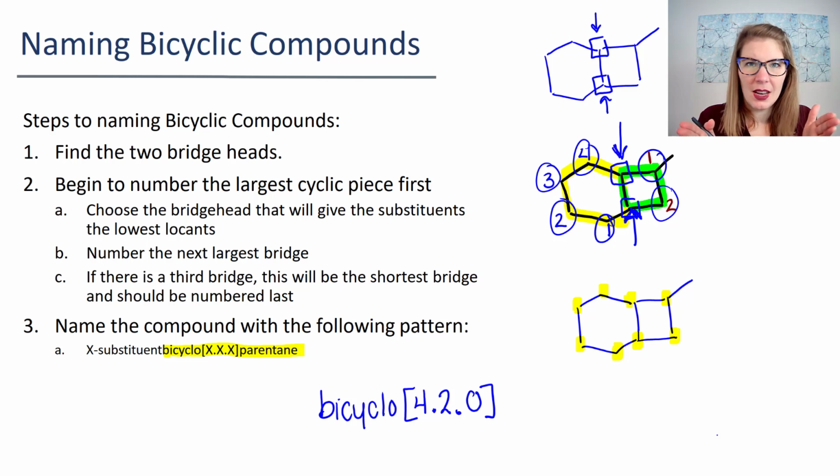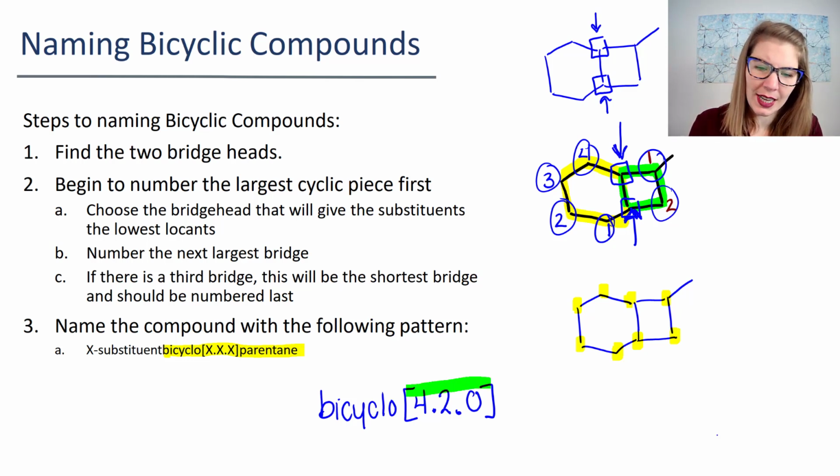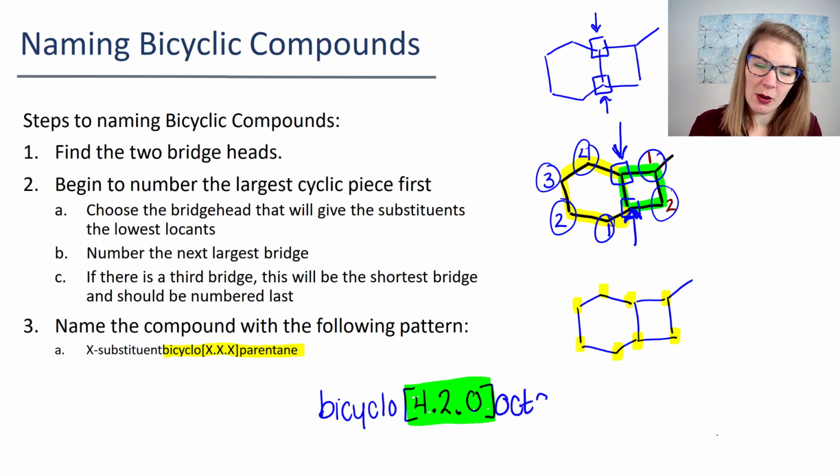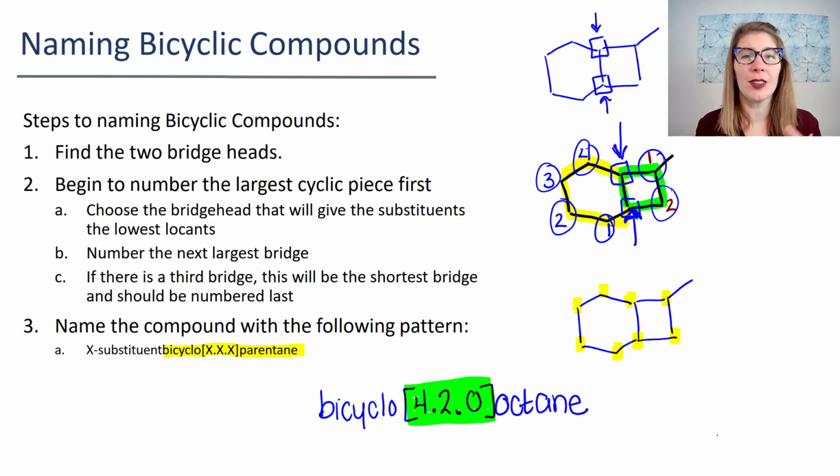So the bridgeheads count when you're naming the parent, but the bridgeheads are not included in this part that I'm highlighting in green. When we name our parent, we have 8 total carbons, so that's oct, and then we end with ANE because there's all single bonds here. That's how you would name it without a substituent.